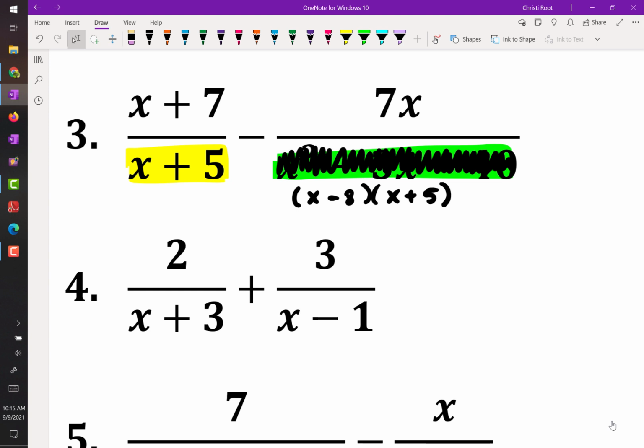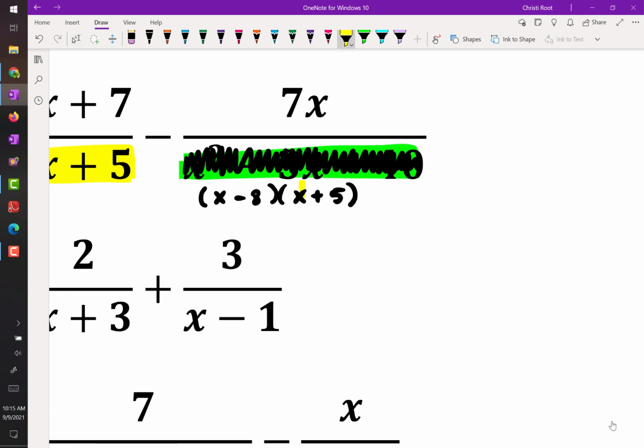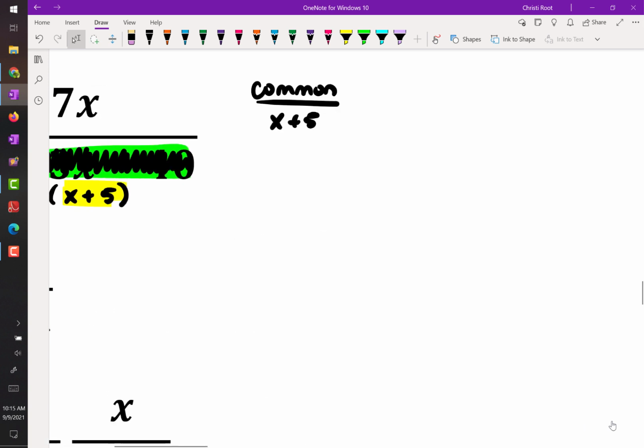Nod your head yes or no if you see anything. Okay, what do you see that's in common? X plus 5, yes, good. So I am sharing an x plus 5. So I'm going to put what's in common here. Okay, now do I have anything that's left over that's not in common? We all see. It's x minus 8.